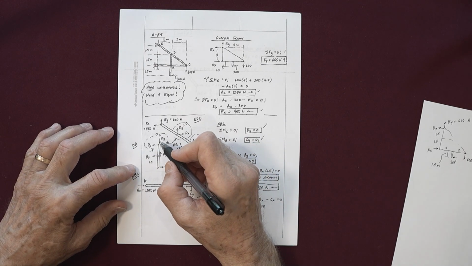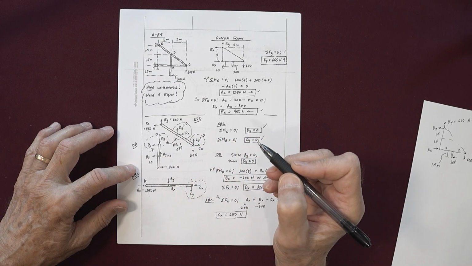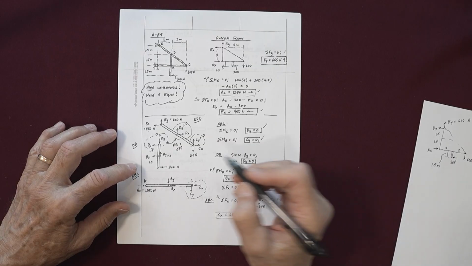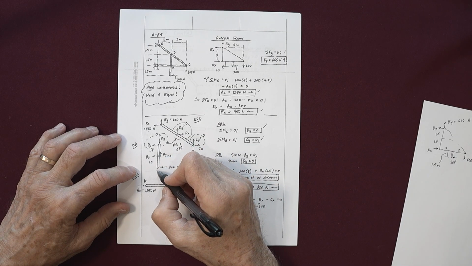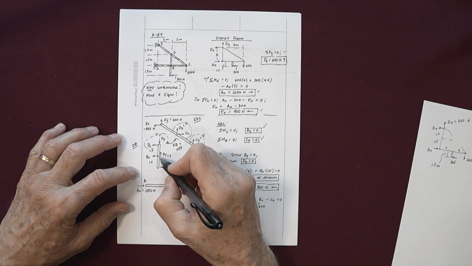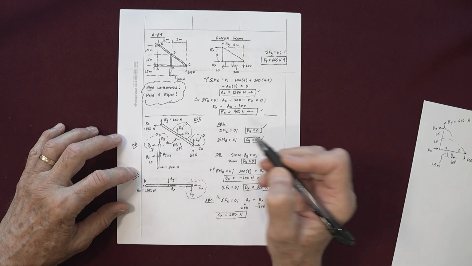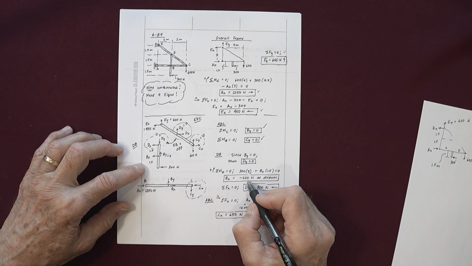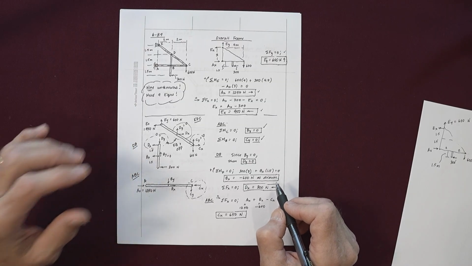Finally, we can sum moments about D to get BX. Taking clockwise to be positive, I have 300 times 3 plus BX times 1.5 equals 0. So I get BX is equal to negative 600 Newton as drawn.